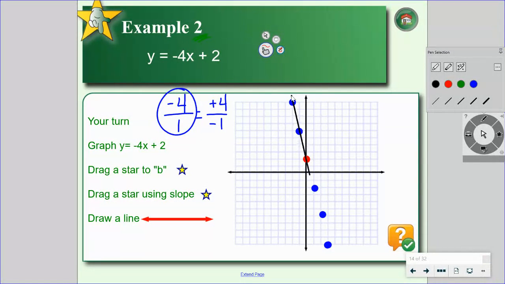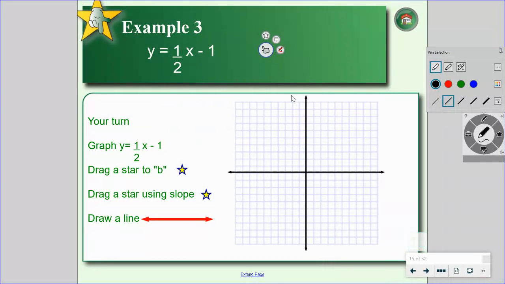There are billions and billions and trillions of values that would make this equation a true statement. And there you have it, ladies and gents: the equation y is equal to negative 4x plus 2, and its correlated line on the coordinate plane with all of the solutions for that equation.